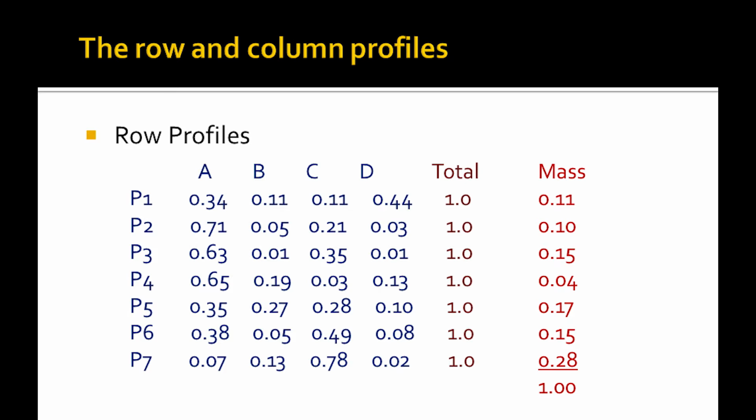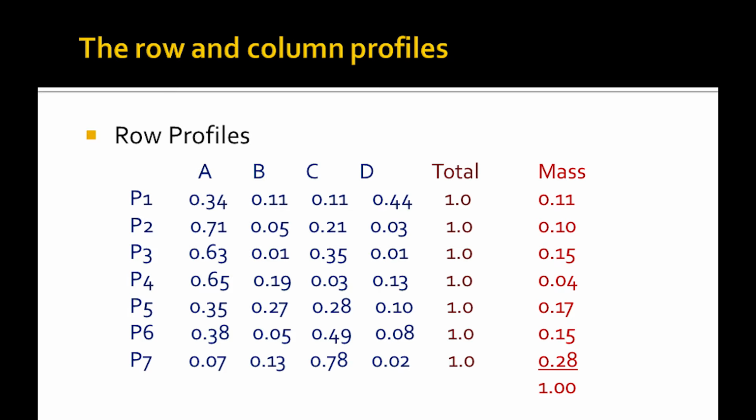That is, the 7th type of pottery is primarily found in the site C. So these row profiles help us to find in which site we would be finding a particular type of pottery. And then finally what you have is the last column, where you have the distribution of the masses.